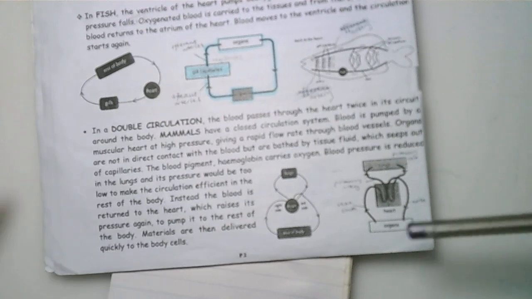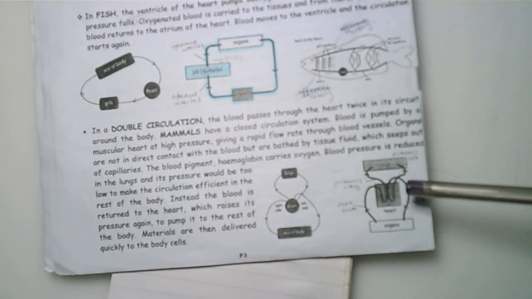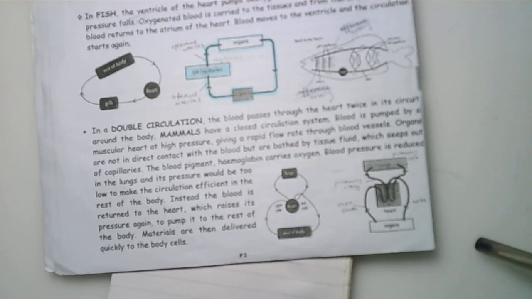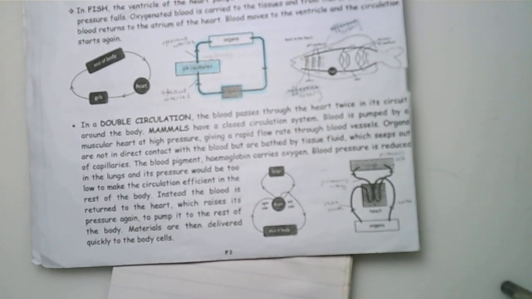So double circulation is where blood passes through the heart twice in a circuit around the body. Mammals have a closed circulation system, and the blood is pumped by a muscular heart at a higher pressure.